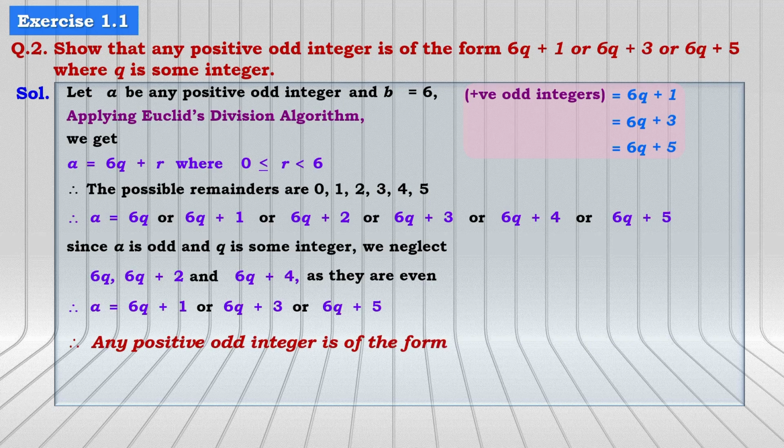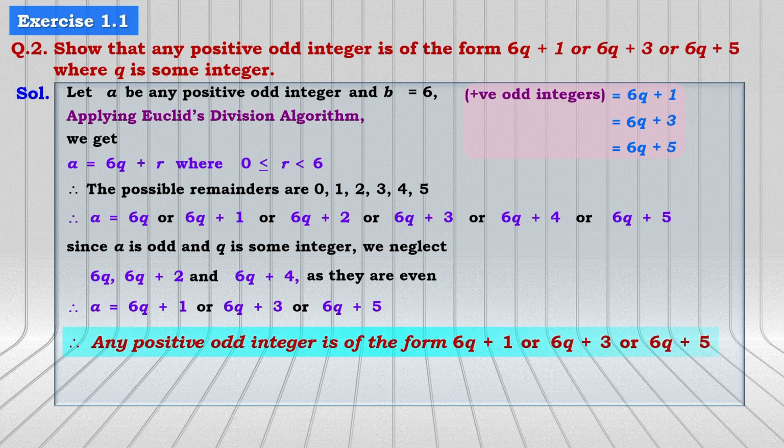So any positive odd integer is in the form of 6q plus 1 or 6q plus 3 or 6q plus 5. If they give you any type of question, like 4q plus 1, 4q plus 3, you have to apply the same way. Just instead of 6, you have to use the divisor as 4.